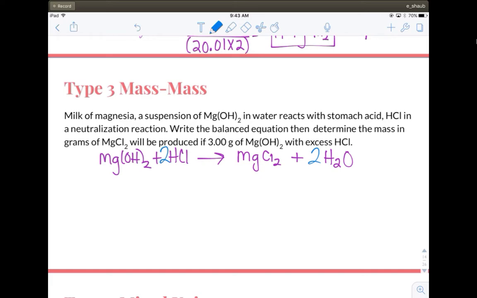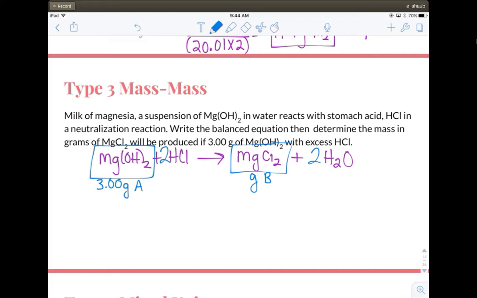So now it's telling you to determine the mass in grams of magnesium chloride produced from 3 grams of magnesium hydroxide. So that really means that we're comparing both of the magnesium compounds as my A and B. I'm telling you that I am starting with 3.00 grams of magnesium hydroxide, which means we have grams of A there, and I want to know how many grams of magnesium chloride I should produce.